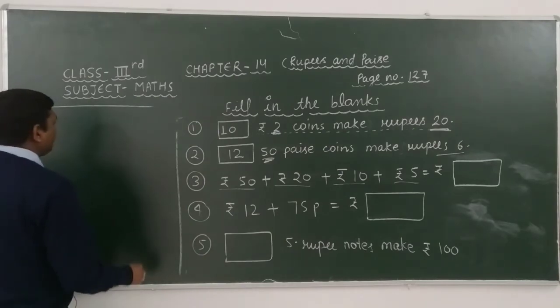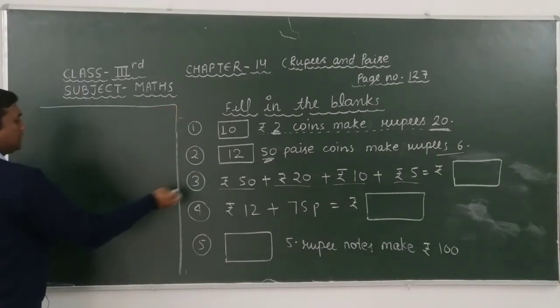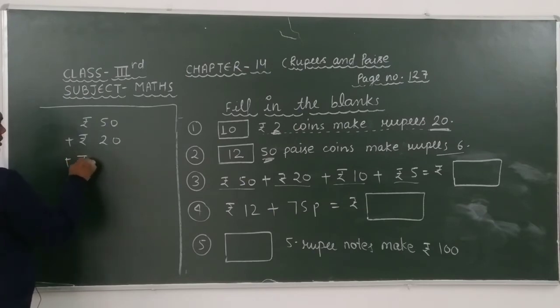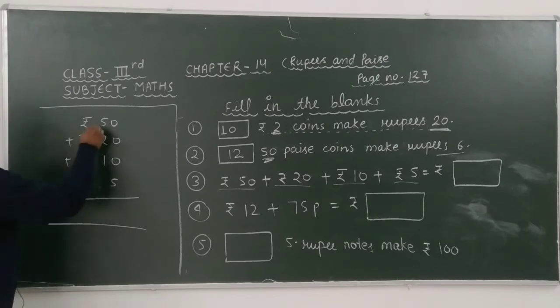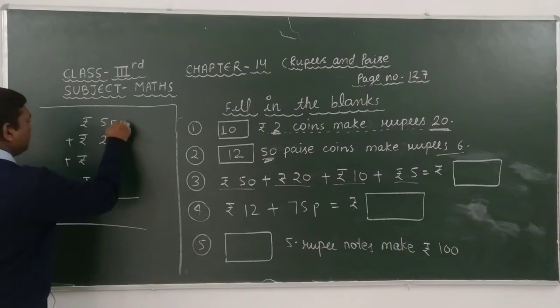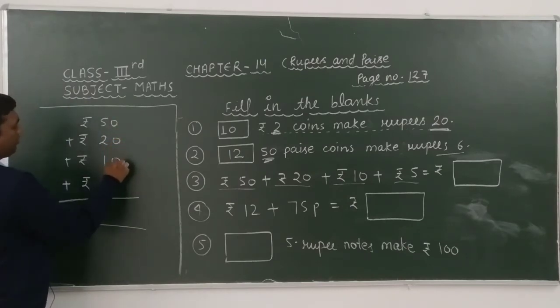Then we have to add rupees 50, rupees 20, rupees 10 and rupees 5, and after adding these we get the total rupees. 0 plus 0 is 0, 0 plus 0 is 0, 0 plus 5 is 5, here we write 5. 5 plus 2 is 7, 7 plus 1 is 8, and here we get 8.